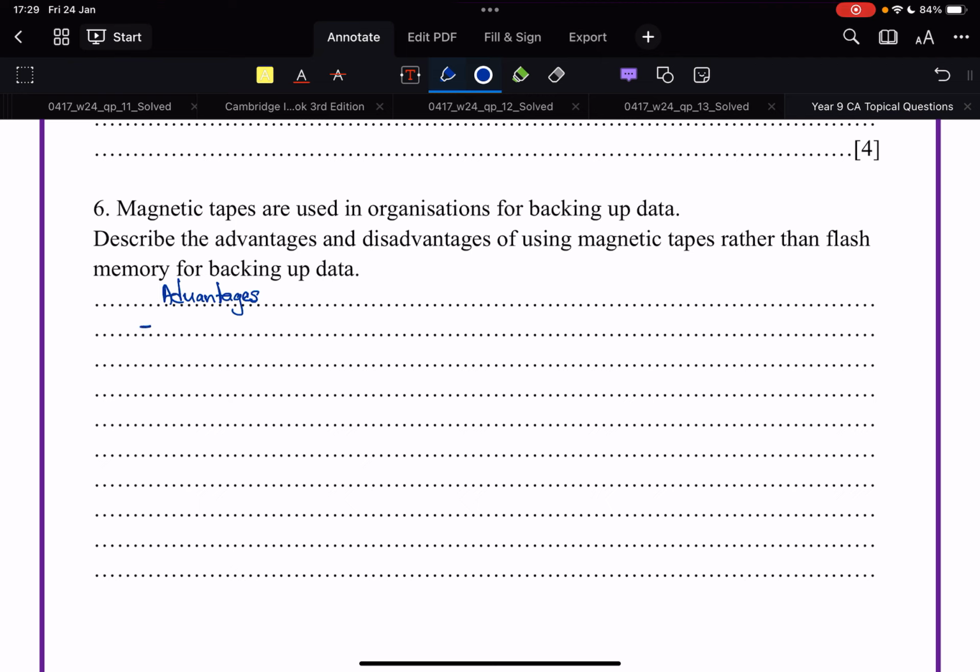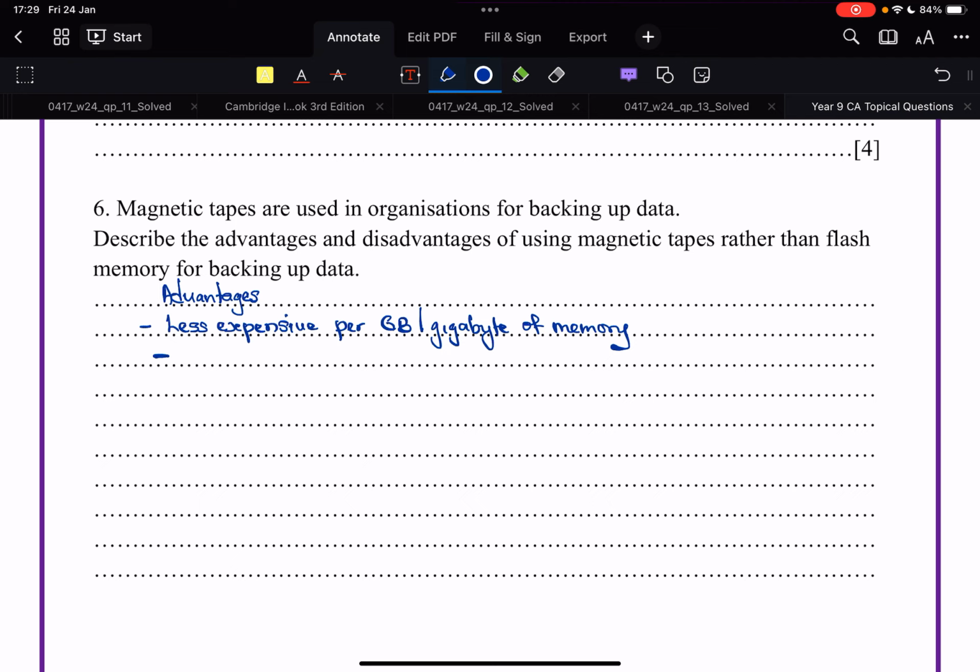We have less expensive per gigabyte. If you buy it, it is less expensive per gigabyte of memory.